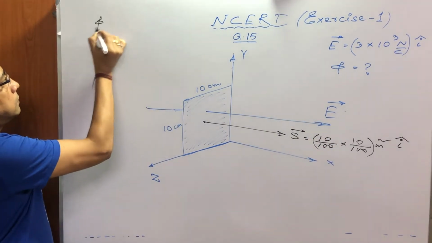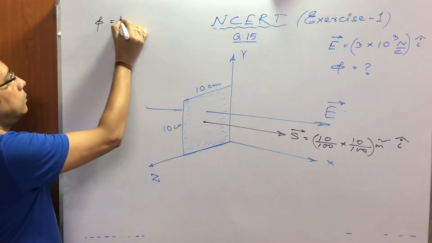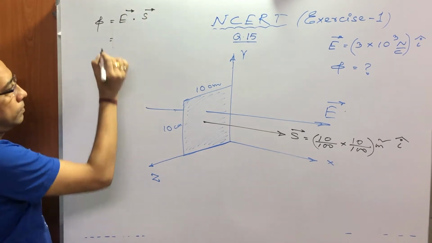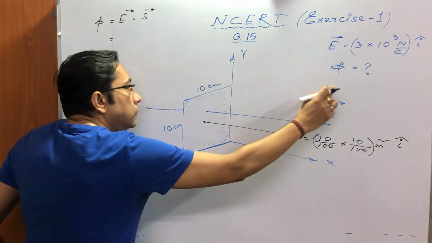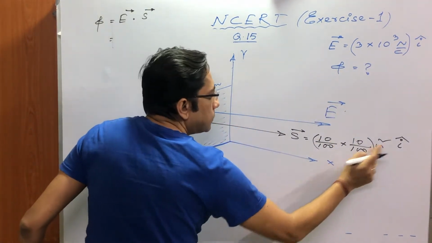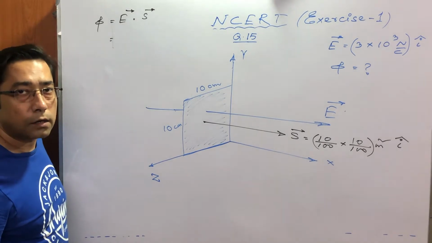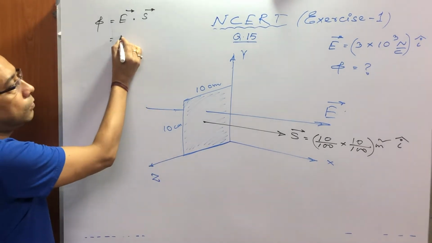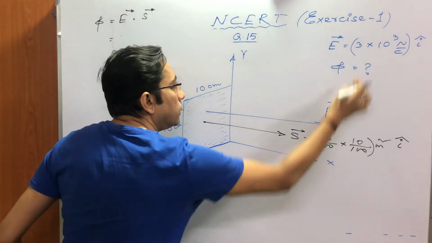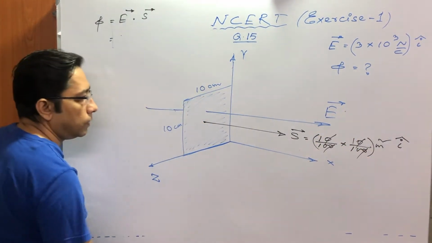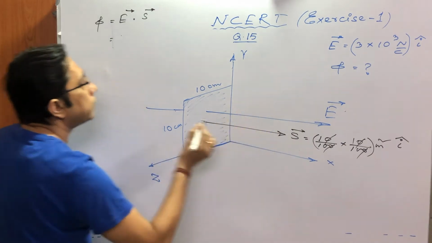So flux is given by E dot S, you remember. E is this much I hat, S is this much I hat. Now remember, I hat dot I hat is 1. So flux would be only what we multiply.